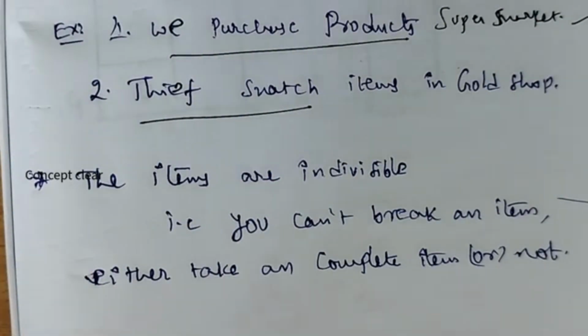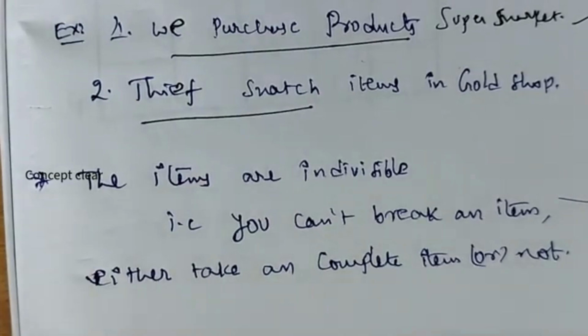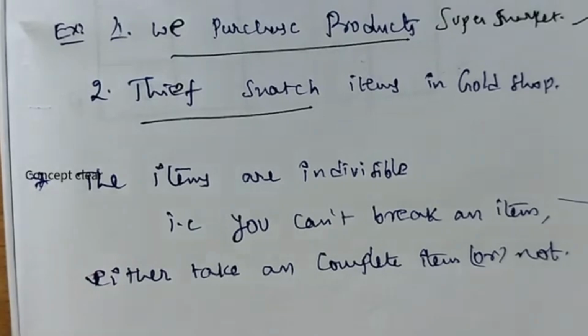If he snatches less value and more weight, he will get less profit. If he fills the bag with more than its capacity, then after coming outside the gold jewelry shop, he can't run fast. His capacity is 40 kgs.